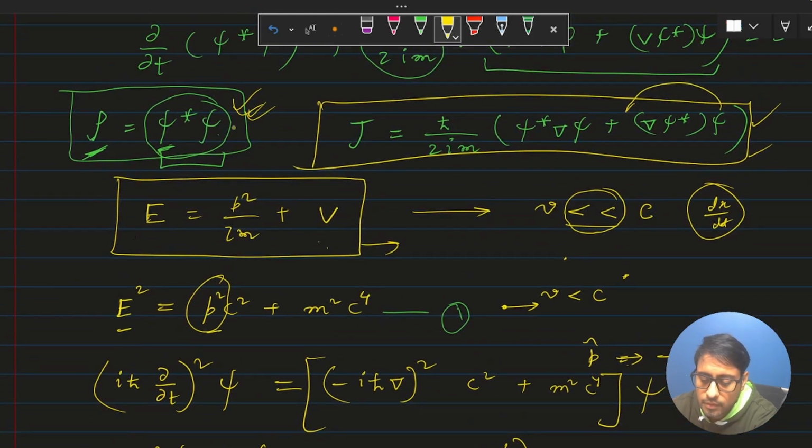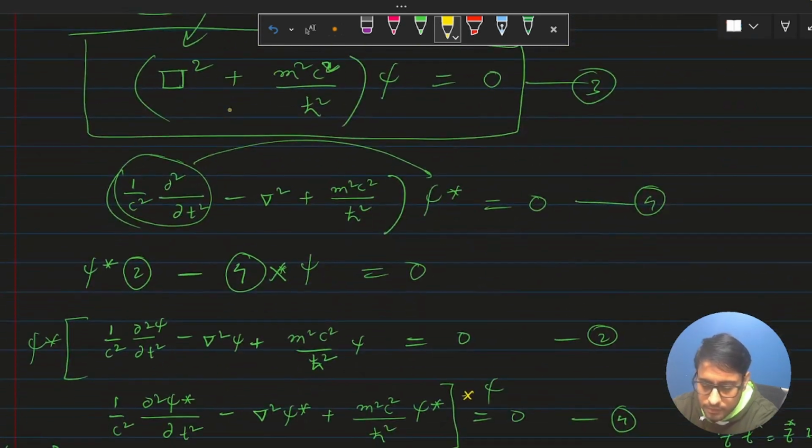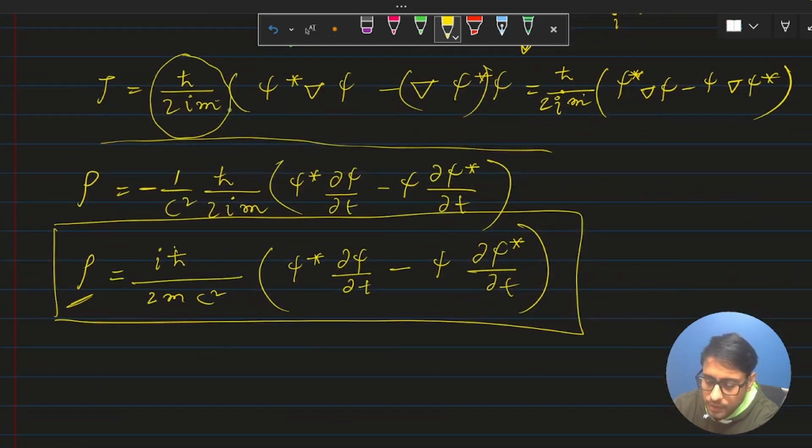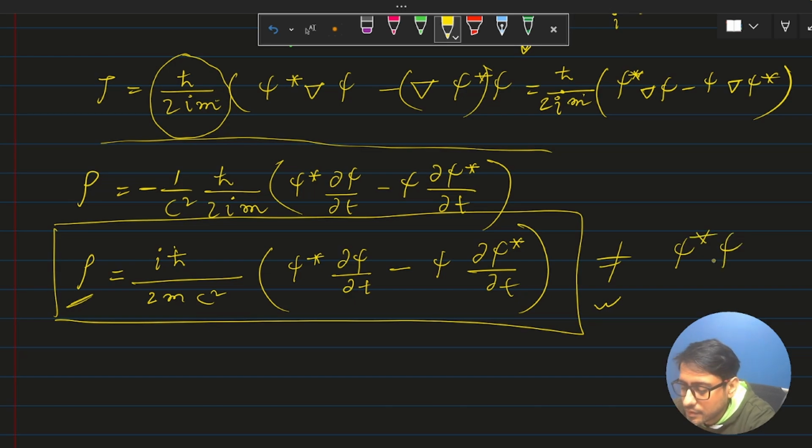But if I come here and see the rho, the charge density, you can see that this is not like psi dagger psi. There are basically two terms, and the derivative of time is involved.